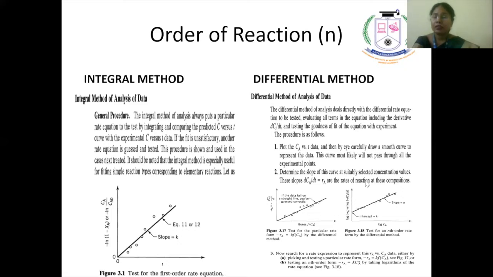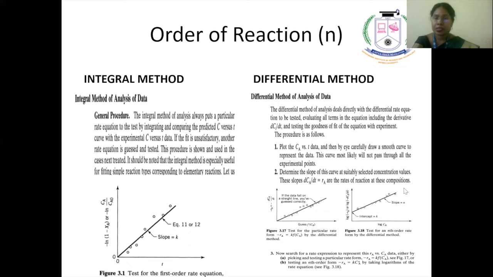The curve most likely will not pass through all the experimental points. Then we determine the slope of this curve at suitably selected concentration values. The slope will give dCA/dt, which is equal to rA. That is dy/dx, the slope. It's nothing but the rate of the reaction, so these are the rates of reaction at these compositions.